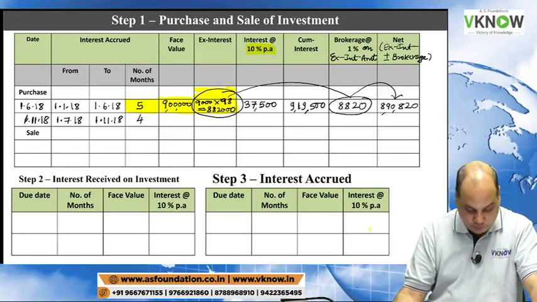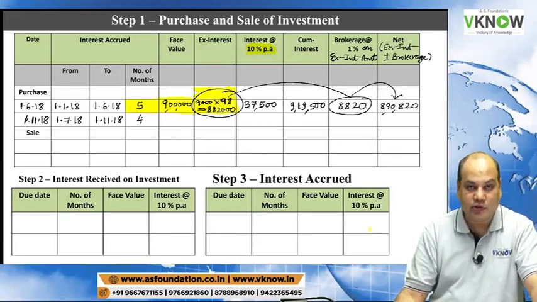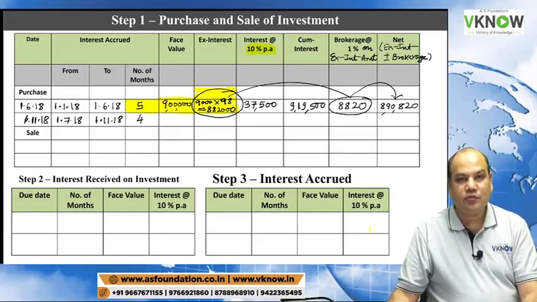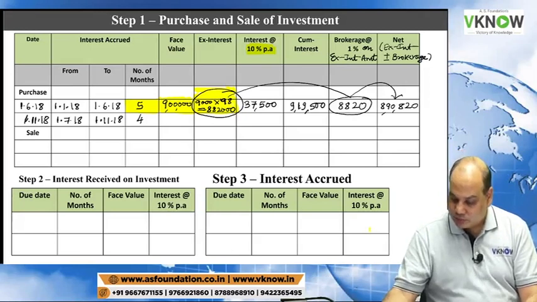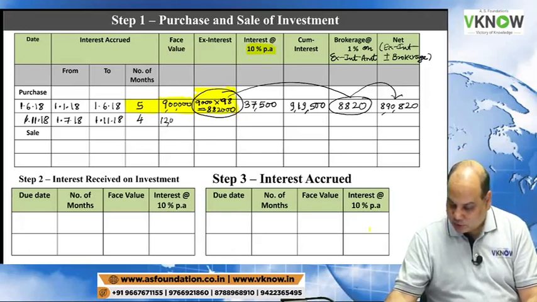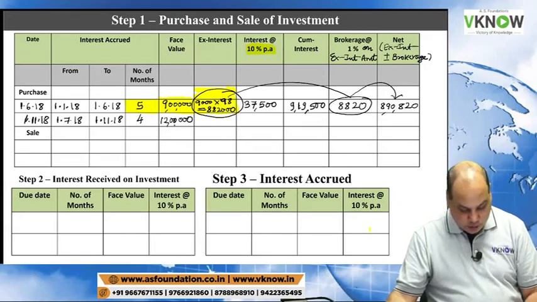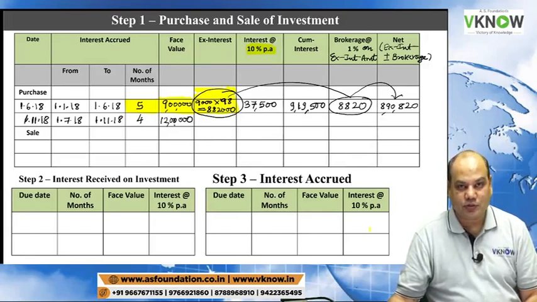Now check how many units of debenture were purchased. 12,000 units were purchased at 100 rupees. 12,000 into 100 will be 12 lakh. Face value is 12 lakh. Now read the question and check whether it was purchased on ex interest basis or cum interest basis.